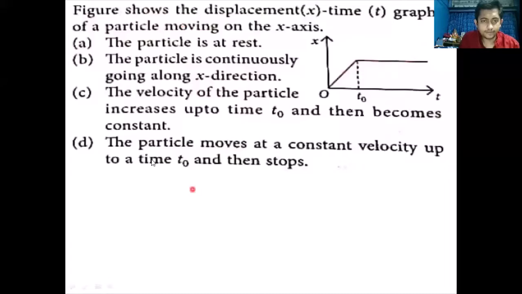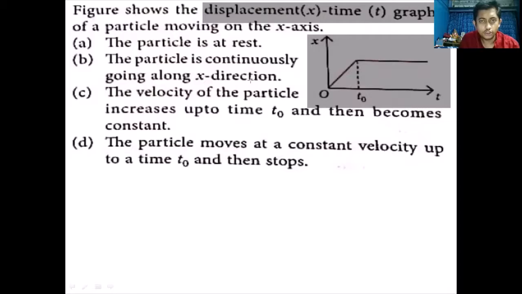So the question tells that the figure shows a displacement x and time t graph. So a displacement against time graph is given to us. तो कौन सा ऑप्शन राइट है? अगर आप ध्यान से देखो तो पार्टिकल इनिशियली फ्रॉम टाइम 0 टू टाइम t नॉट मूव कर रहा था, जिसके वजह से पार्टिकल का डिस्प्लेसमेंट स्ट्रेट लाइन से बढ़ रहा था. लेकिन आफ्टर t नॉट पार्टिकल का डिस्प्लेसमेंट इज कांस्टेंट, and you see the displacement is not changing after time t naught.